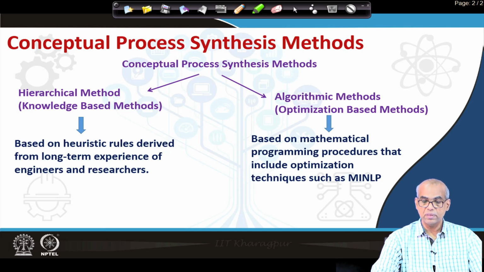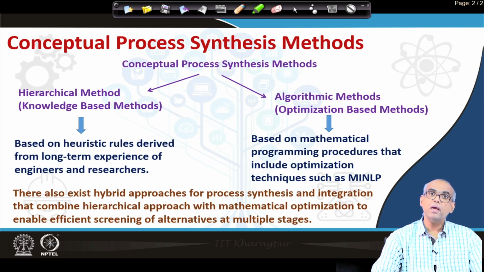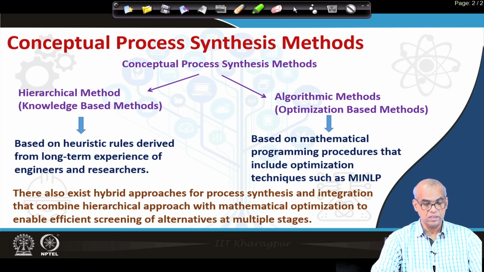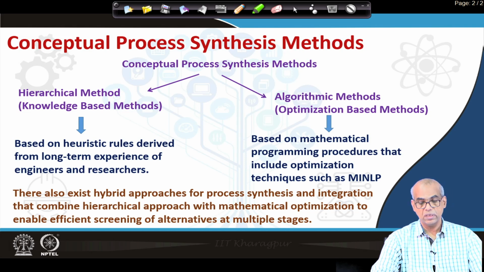So, they are based on mathematical programming procedures that include optimization techniques such as mixed integer linear programming or mixed integer nonlinear programming methods. There also exist hybrid approaches for process synthesis as well as for process integration that combine hierarchical approach with mathematical optimization to enable efficient screening of alternatives at various stages during the flow sheet development.